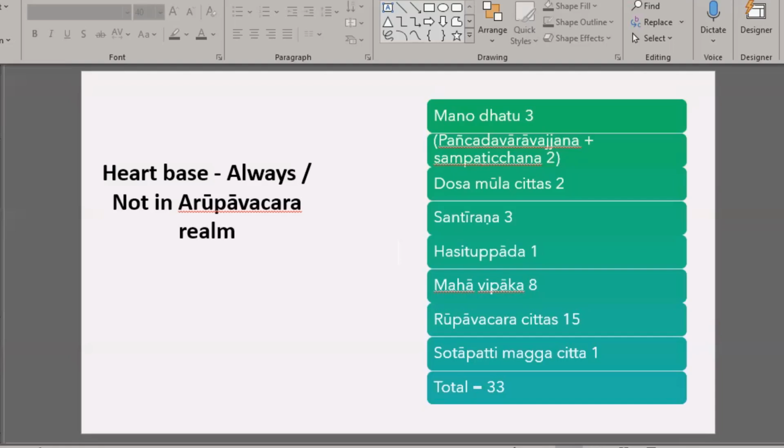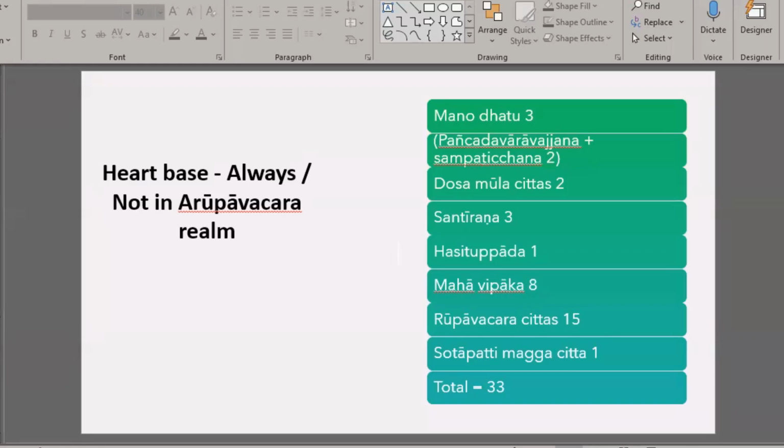Please pay attention to the functions section of the lesson. It's the most complicated section in this chapter. Therefore, we have to master functions to go to the next lessons. Okay, so those are the reasons for Santirana arising in only the Rupavachara realm and the Kama realm.